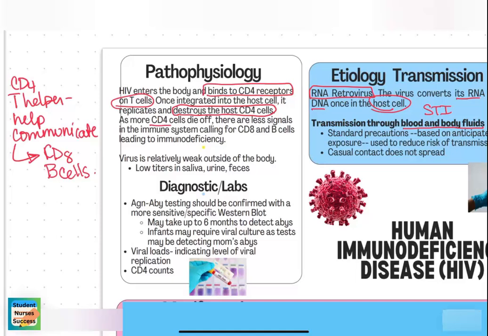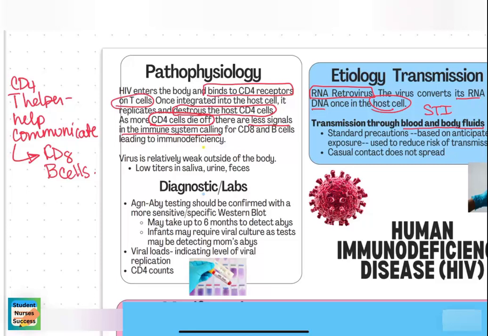So, as more CD4 cells die off because of the HIV virus, we start to have this missing link in the immune system that no one is calling for help. So there are less signals in the immune system and less communication. And therefore, the CD8 and the B cells just don't respond.